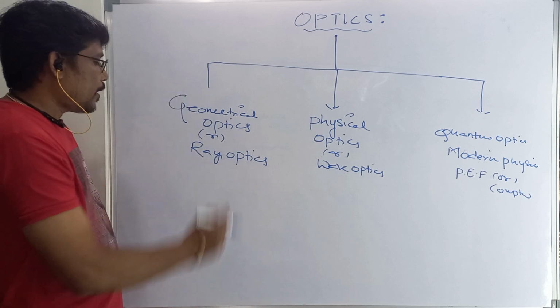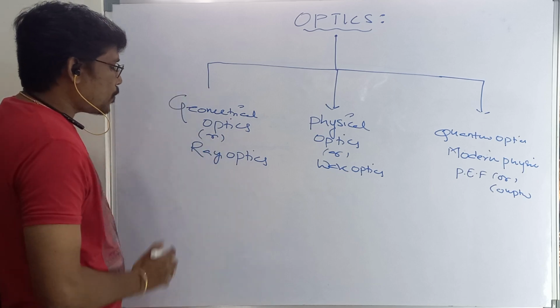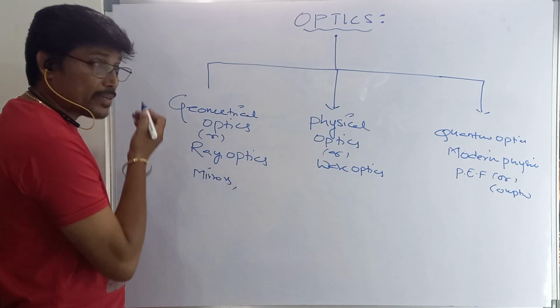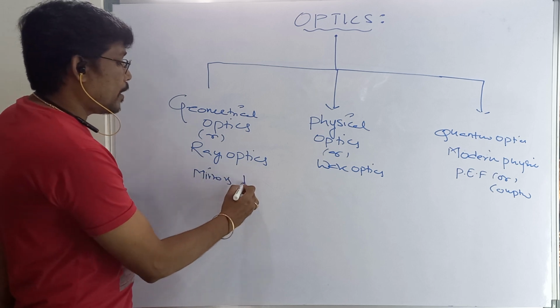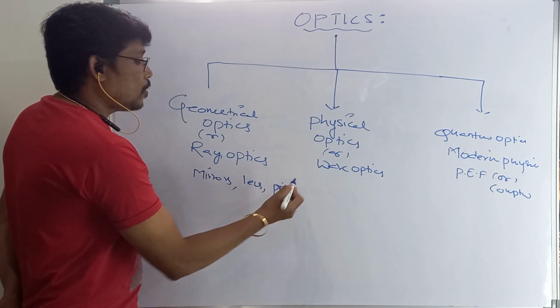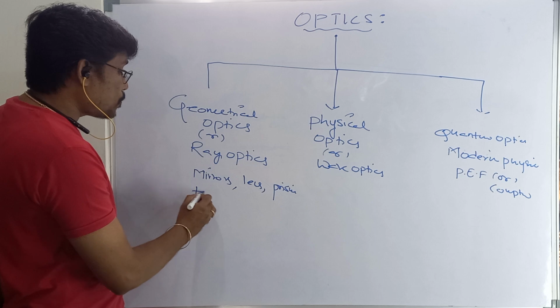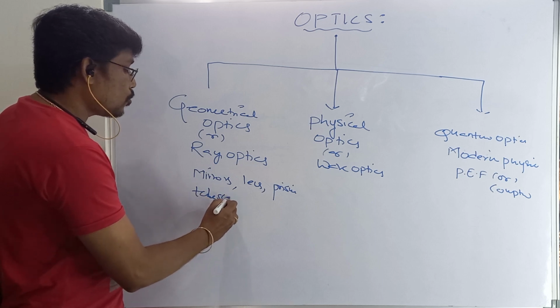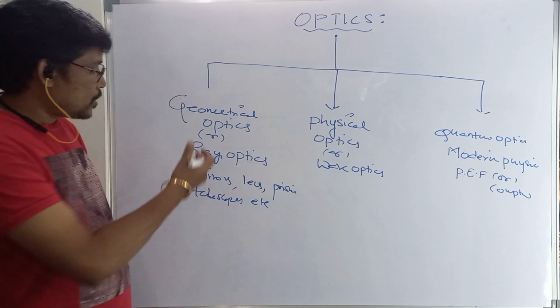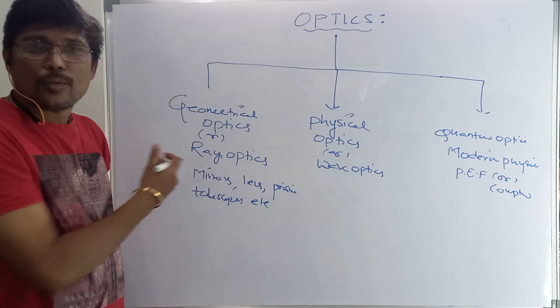In ray optics we are using mirrors, lenses, prisms, telescopes, etc. All these are considered as objects.